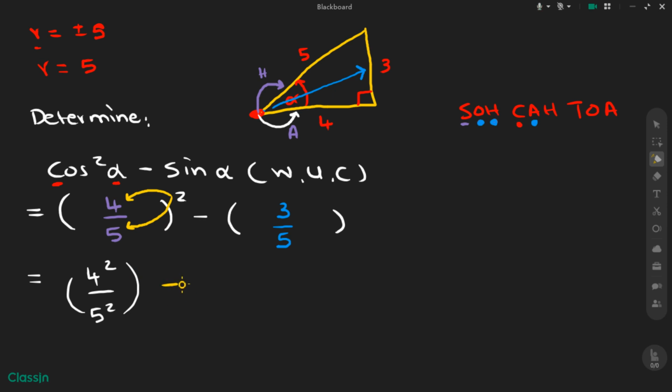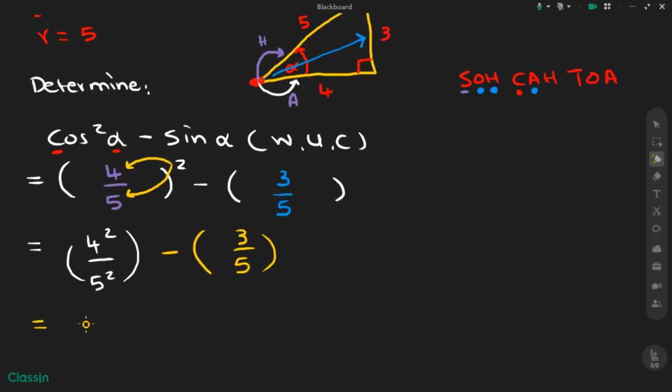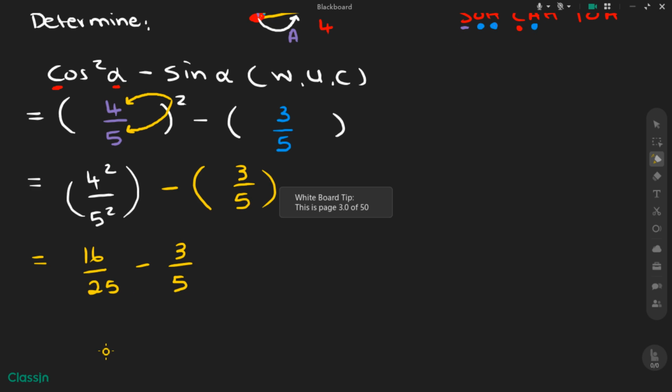Then we subtract 3 over 5. So from there, you have 16 over 25 minus 3 over 5. From here, press the calculator for you to get the solution.